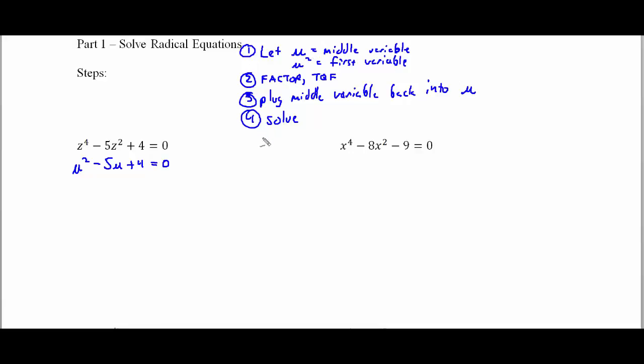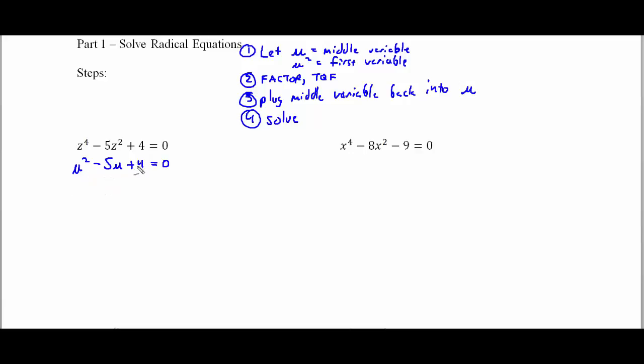So again, we've actually factored this before, back in a previous unit when we learned about factoring some very strange looking problems. So let's now apply this here. I've got u squared minus 5u plus 4, because I plugged my u in for z squared, and therefore u squared is going to be z to the fourth. Now I get to factor this.